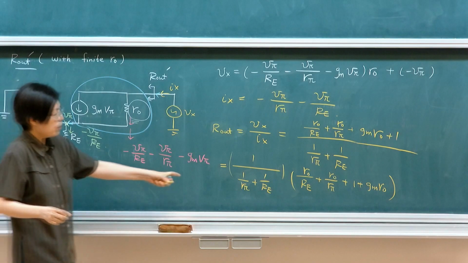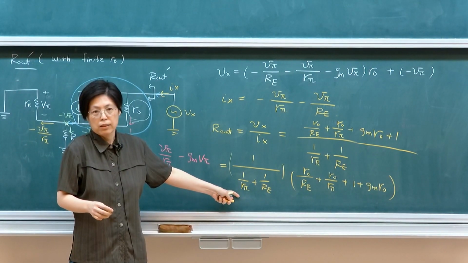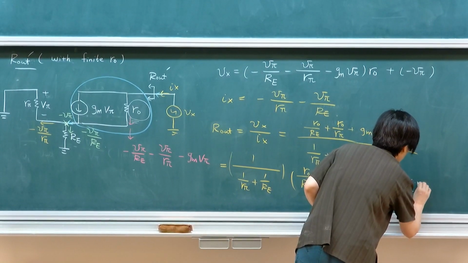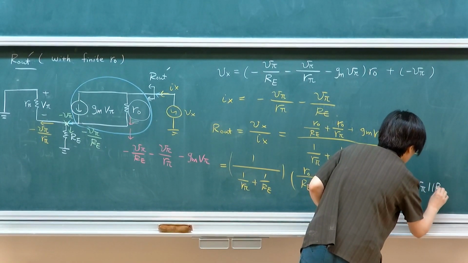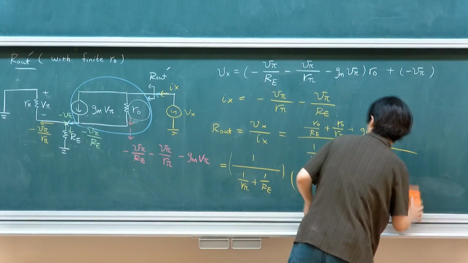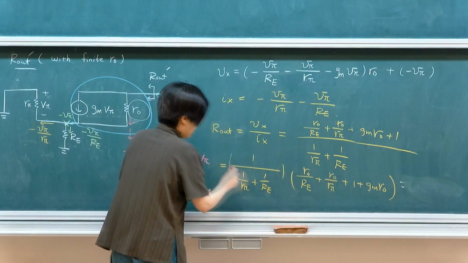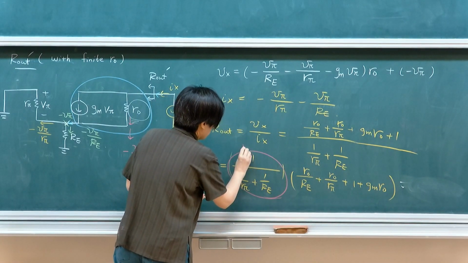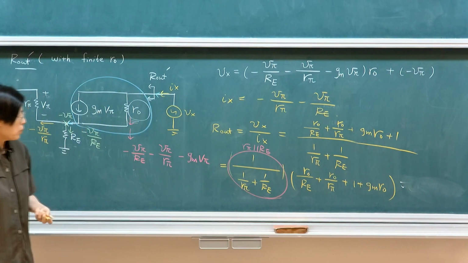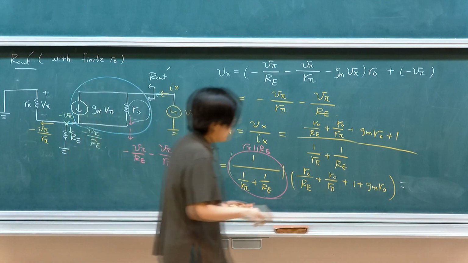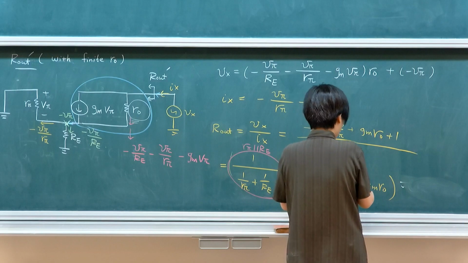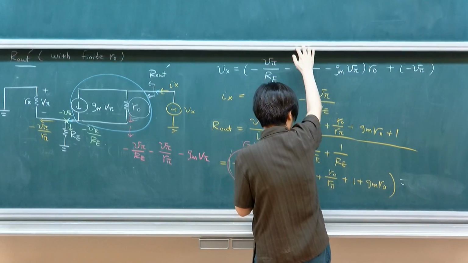So then, what is this? Yes. This is R pi and RE in parallel, this term. Let me write this. This is R pi and RE in parallel. Let me try to write down the approximated final results.